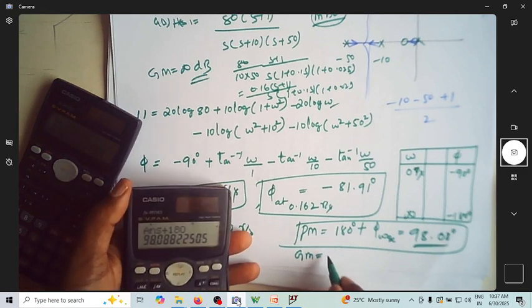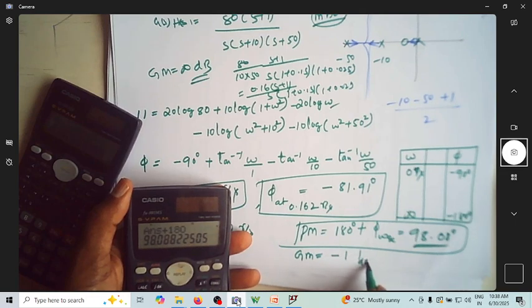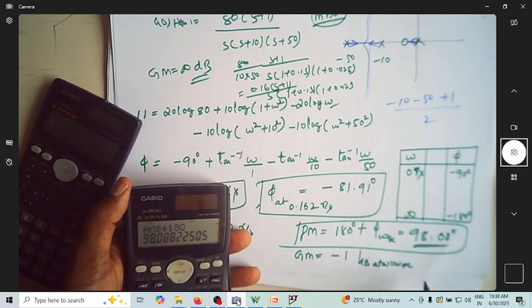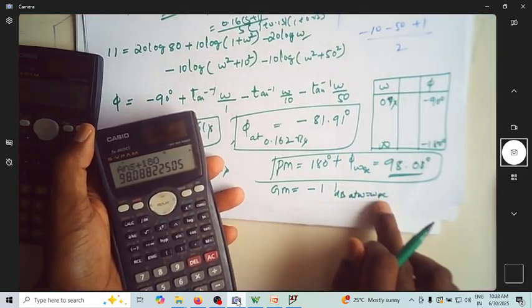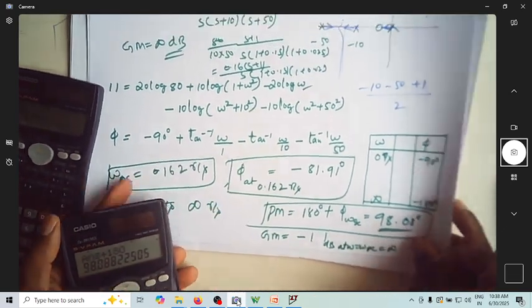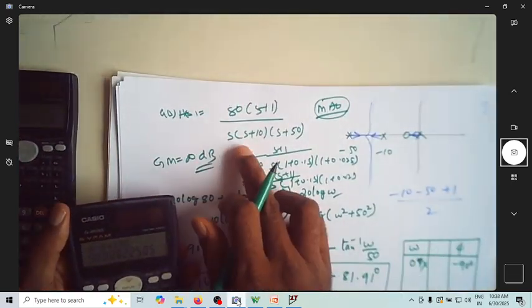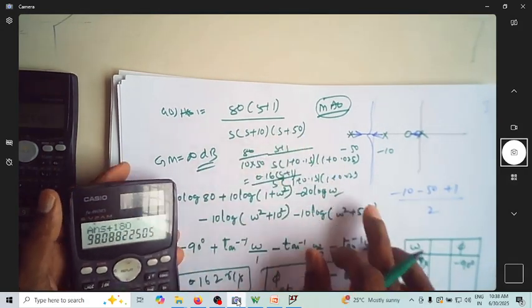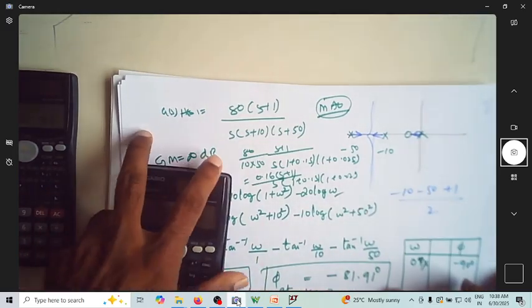What about gain margin? Gain margin is nothing but the negative of the gain in dBs at omega equal to omega PC. What is omega PC? Omega PC is infinite. So what is the slope you have? The final slope is minus 40 dB per decade, and the slope keeps going like this.